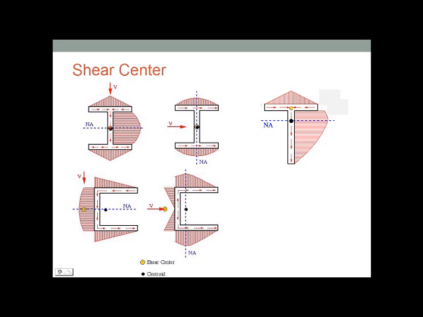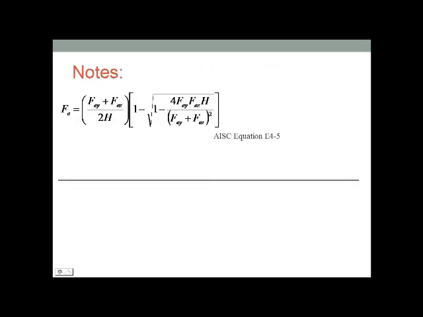In this slide, I'm showing you the location of the shear center and center of gravity for different sections. Before we finish this tutorial, I would like to draw your attention to equation E4-5 of the AISC specifications. Notice that the first term is implicitly incorporated into the term under square root.